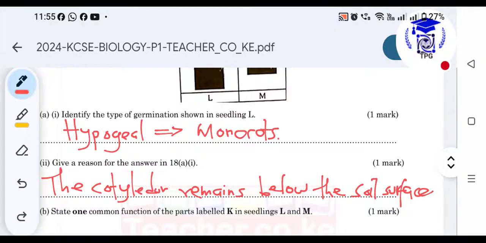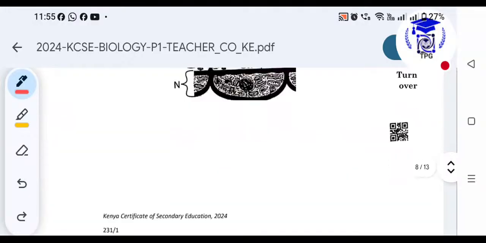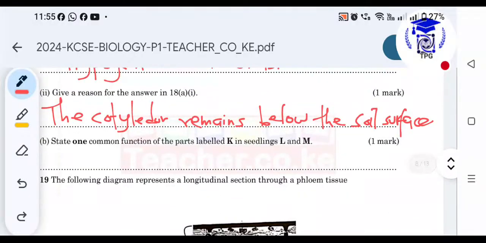B. State one common function of the parts labeled K in seedlings L and M. The part labeled K. K ni part gani?